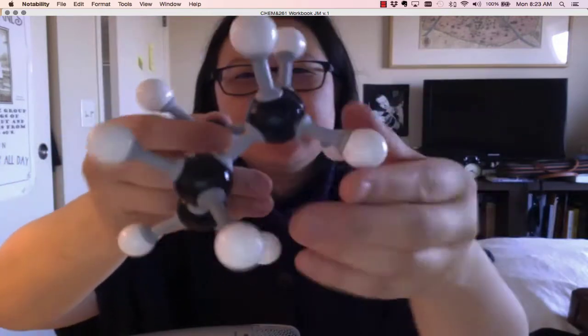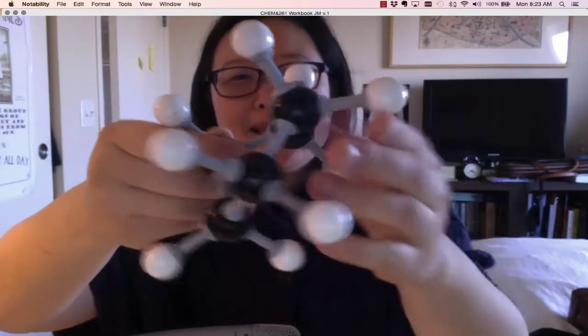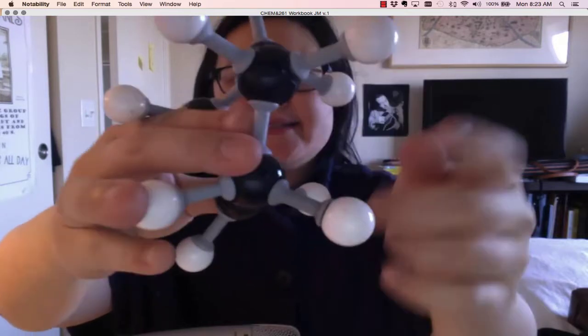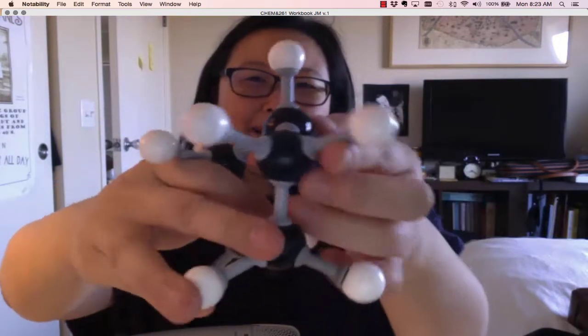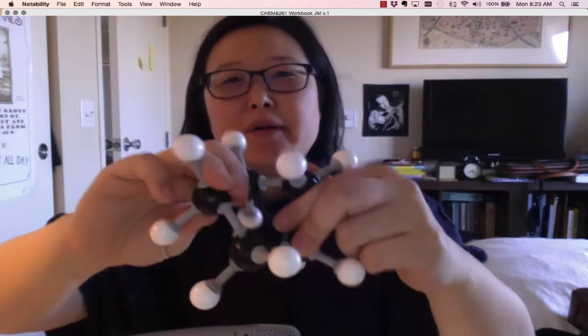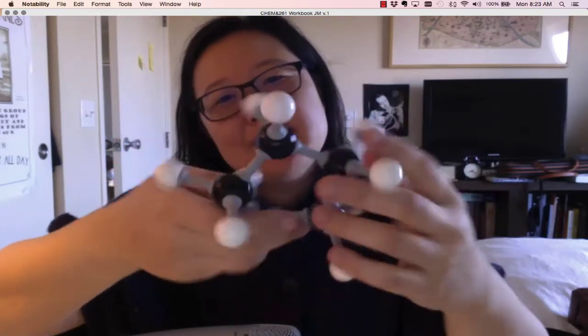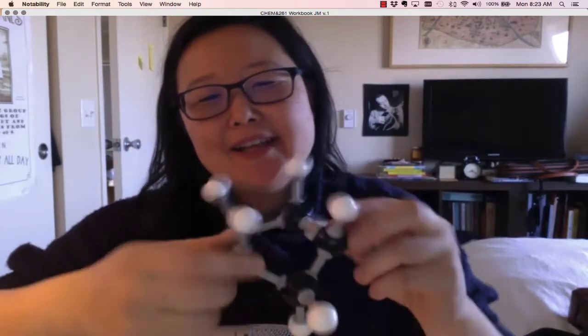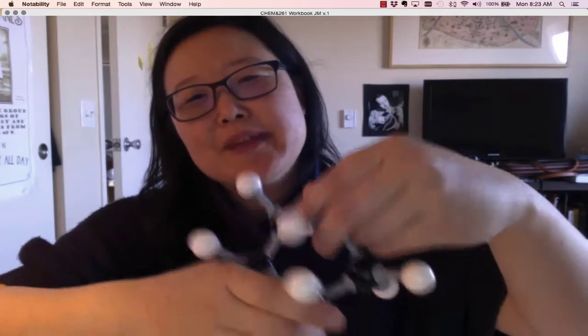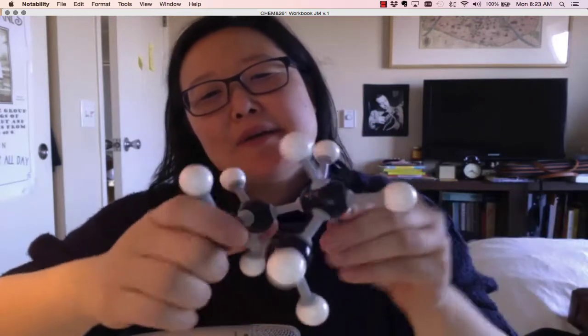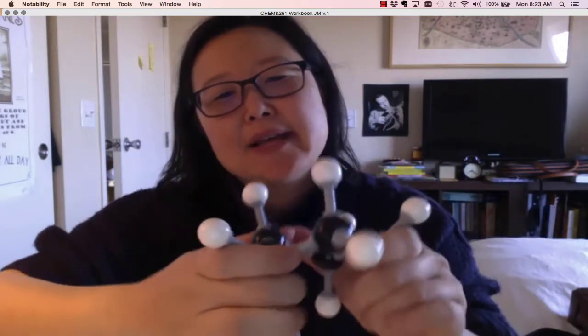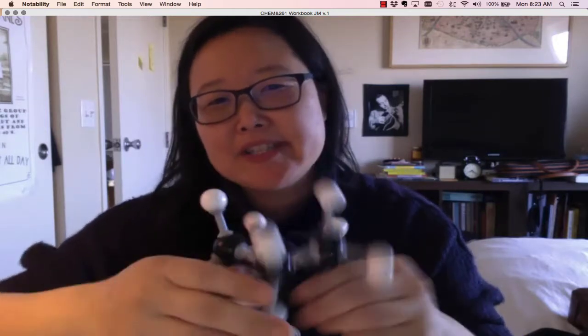You can see that there. So this molecule will flip and rotate and fold onto itself, sort of like an envelope, and that's how it will try to avoid the strain from the nearby hydrogens.